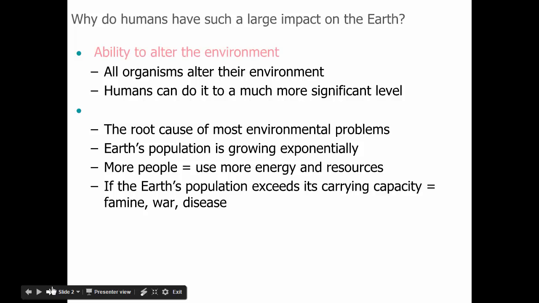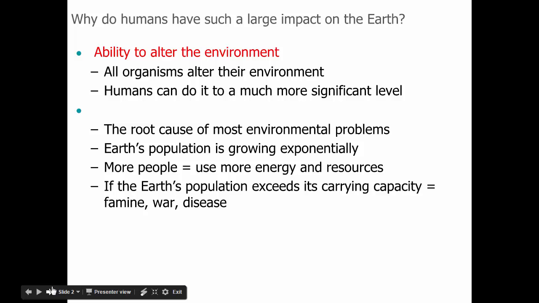So humans have huge impacts because we can alter our ecosystem unlike any other species. Lots of species can alter their ecosystem. A beaver, for example. By damming a stream, a beaver really transforms a huge ecosystem from a stream into a pond. That's a big impact. However, nothing can even approach what humans can do to an ecosystem because we have machines and modern technology.